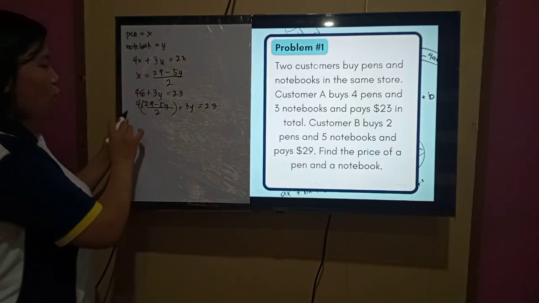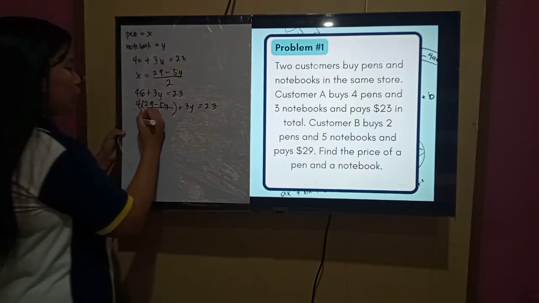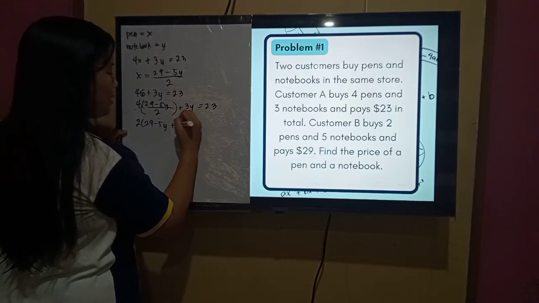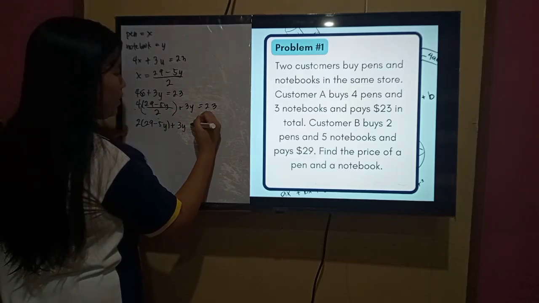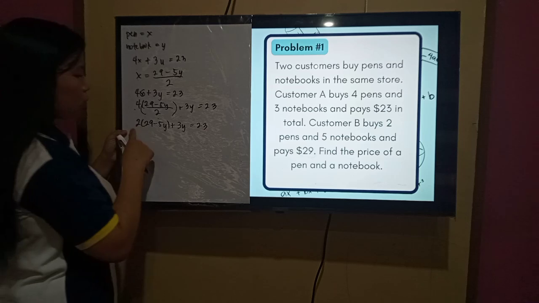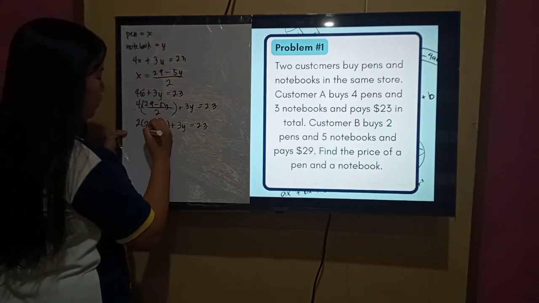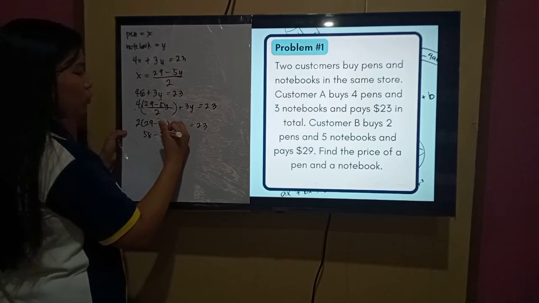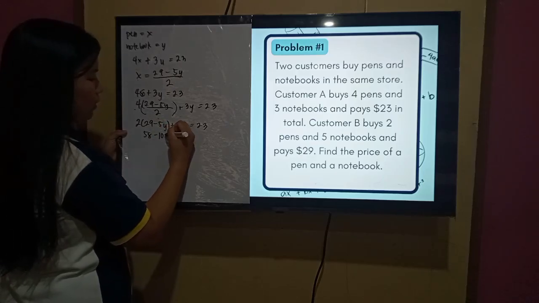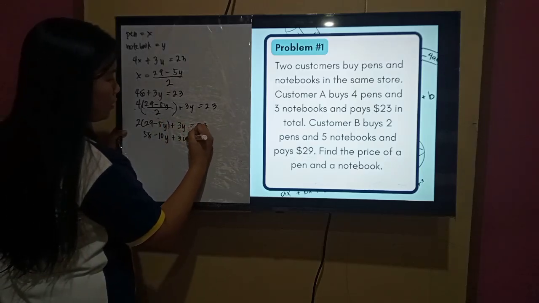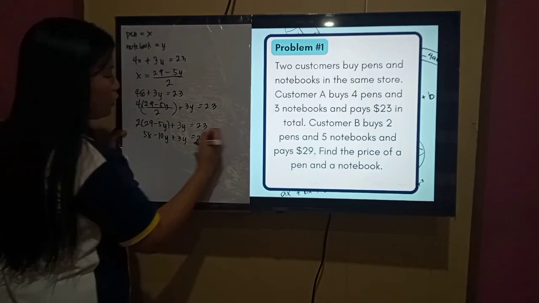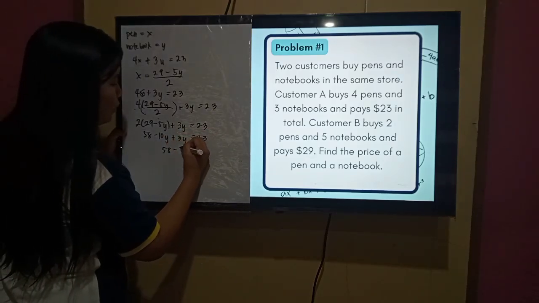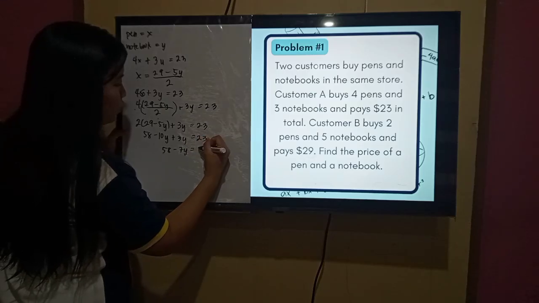So, 4 divided by 2, that would be 2. 2 times (29 minus 5y) plus 3y equals 23. So, 2 times 29, that would be 58, minus 2 times 5y, that would be negative 10y, plus 3y equals 23. So, combine like terms, ang matitira sa atin, 58 minus 7y equals 23.